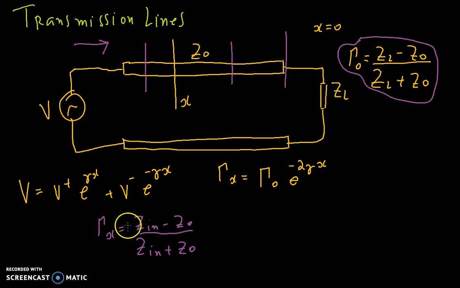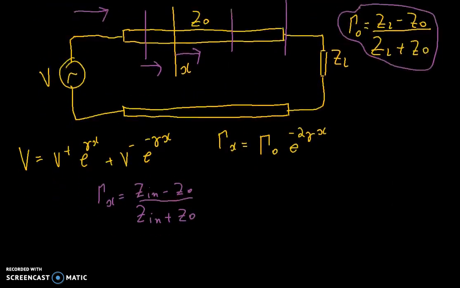Then the reflection coefficient at this point x is equal to Zin minus Z naught divided by Zin plus Z naught, where Zin is the impedance looking in at this point x. This is exactly the same thing we do here, except that instead of ZL we use Zin, because we are pretending that everything to the right of this point x is an impedance, the sum of this impedance here plus this impedance here.